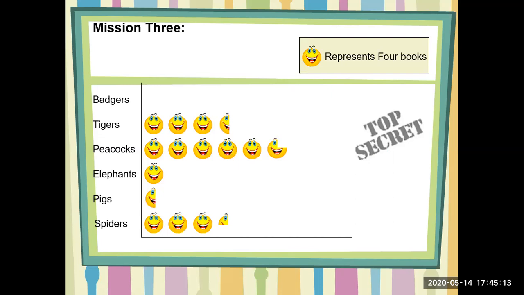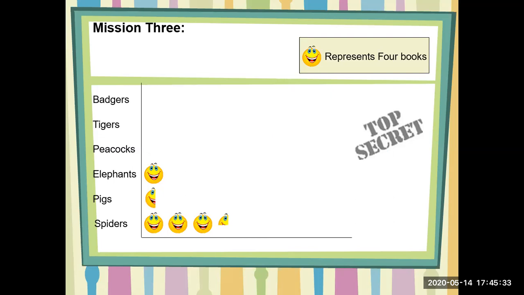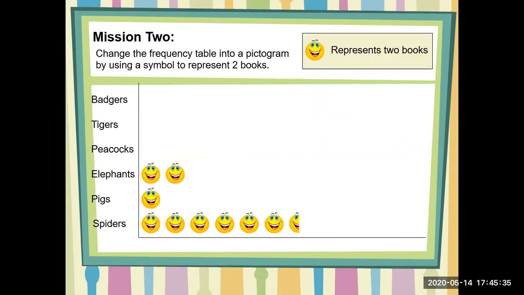And then you have your tigers, which is, this is 13. So you draw 3 smiley faces to represent 4 and the remainder. How many is your tiger? Let's go back to check.